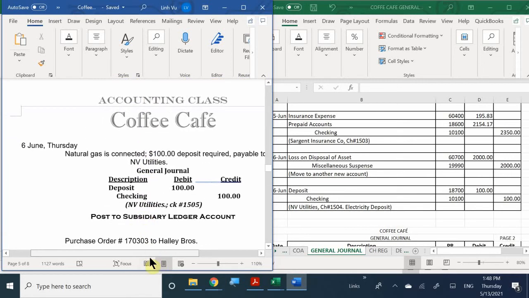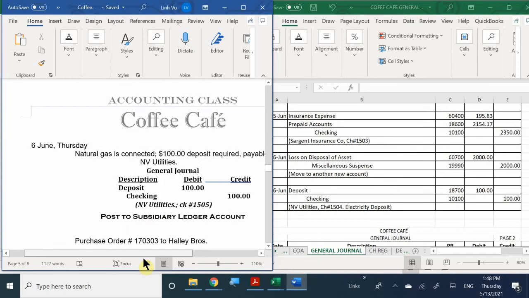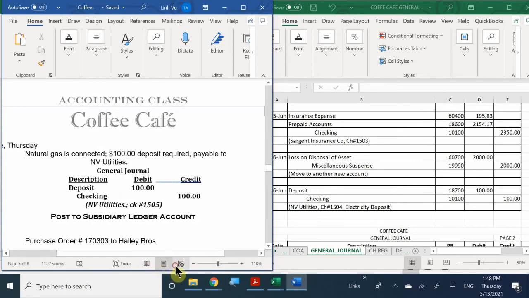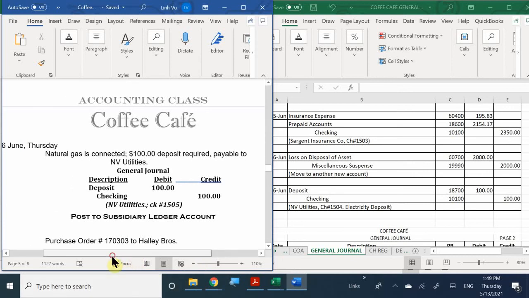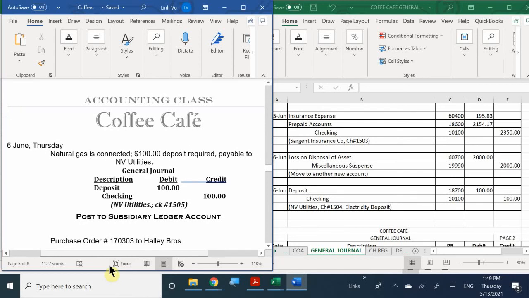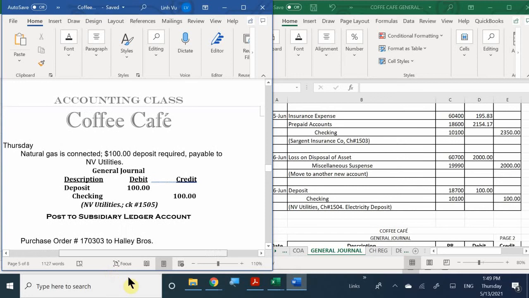All right, so now it is still Thursday the 6th, and here in this case we have natural gas. We called up the rent place and they said, well, for natural gas, we also have to charge you a $100 deposit.